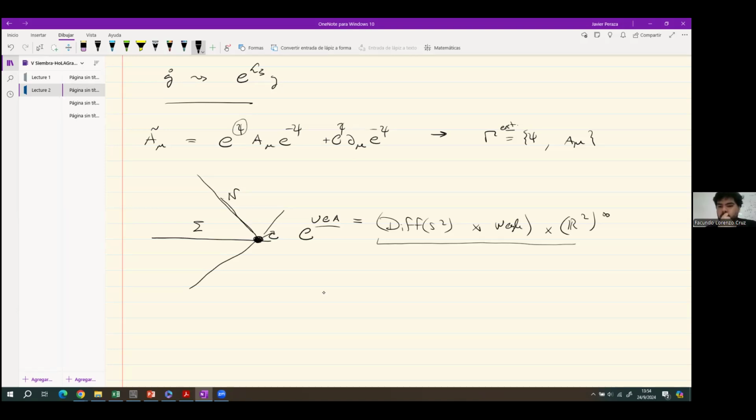Now, you can push this to infinity. You can take C and push it all the way to spatial infinity. This N will now go to Scri plus, and you will end up having Diff(S2) times the boost part times R infinity. The dr direction you don't have anymore because we are at Scri plus.